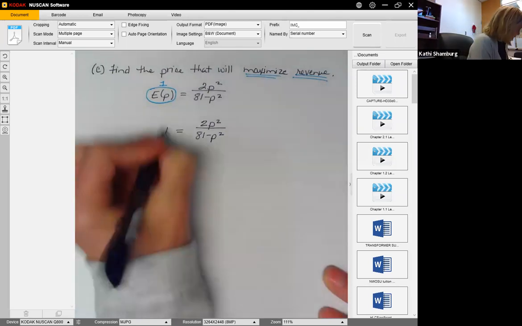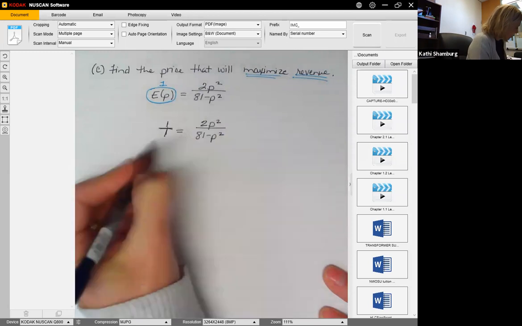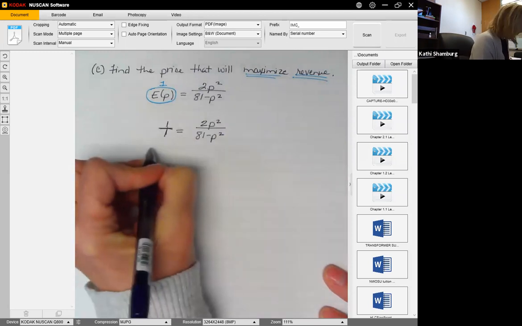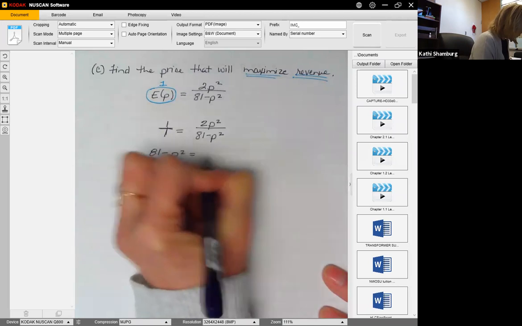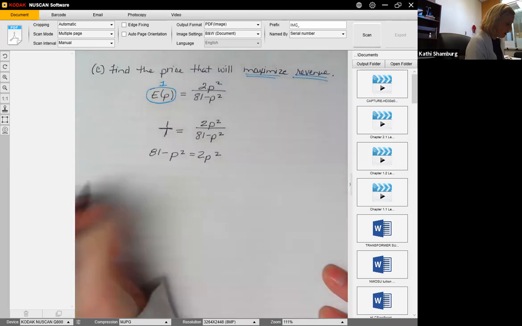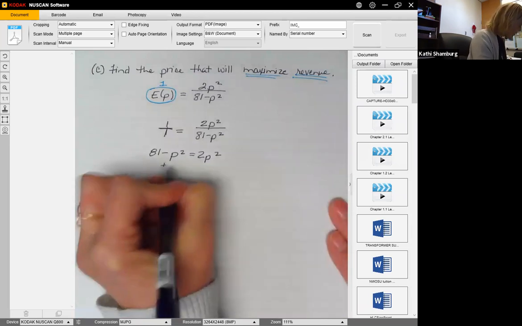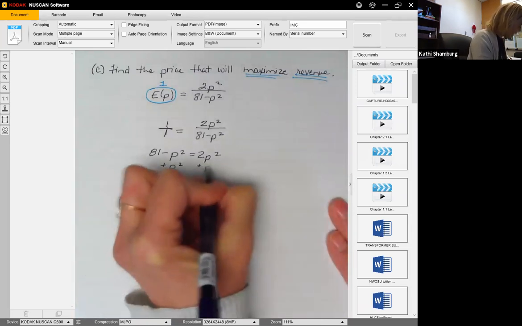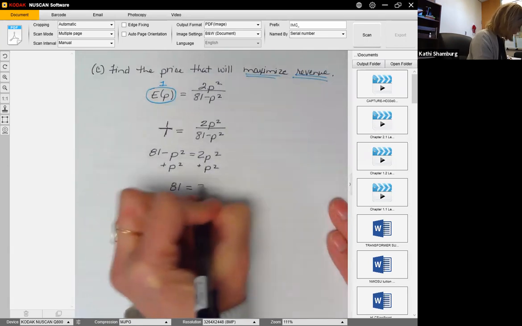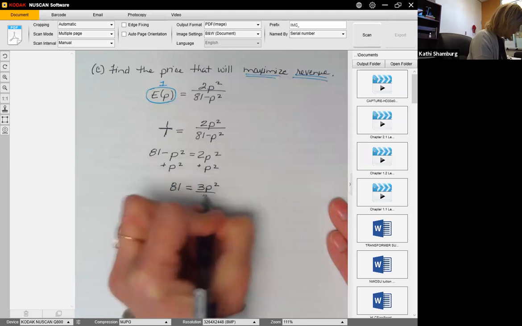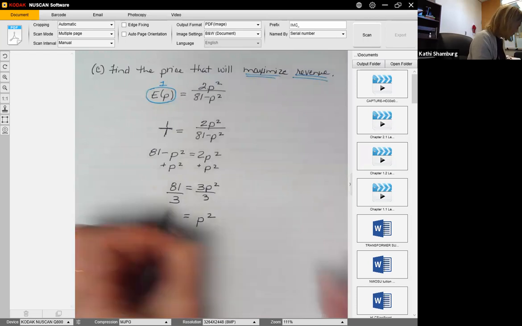I'm going to write this 1 as 1 over 1, and cross multiply. So I get 81 minus p squared equals 2p squared. I'm going to add p squared to both sides to get it moved over. So I get 81 equals 3p squared, divide by 3, and you get p squared equals 27.